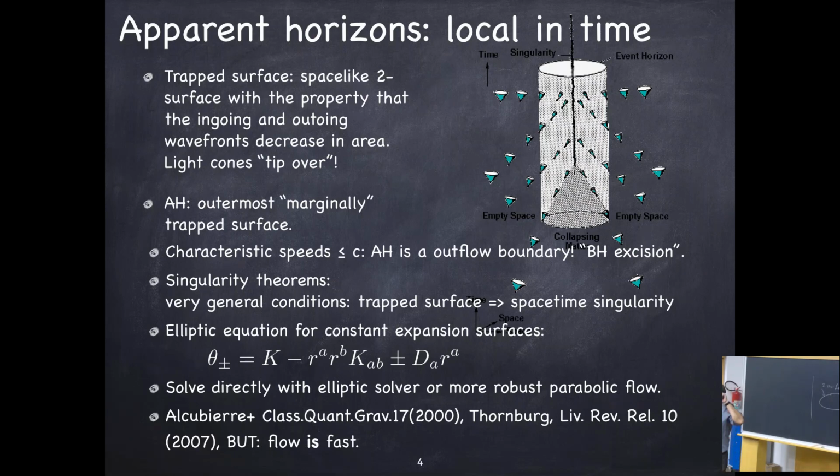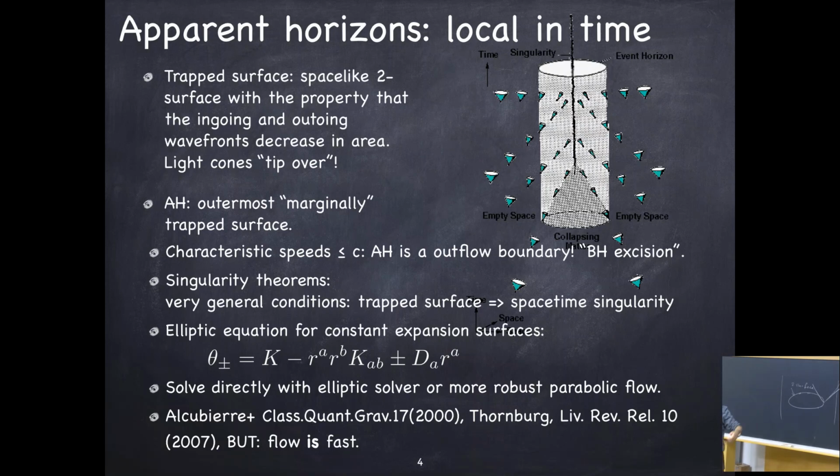If you have a black hole, gravity is so strong that the light can't escape anymore, and so your light rays somehow turn back, they fall back inside. Okay, and you can describe this by whether the area of this wavefront becomes larger or smaller. And if the wavefront area becomes smaller, then you call it a trapped surface. The surface can't get out.